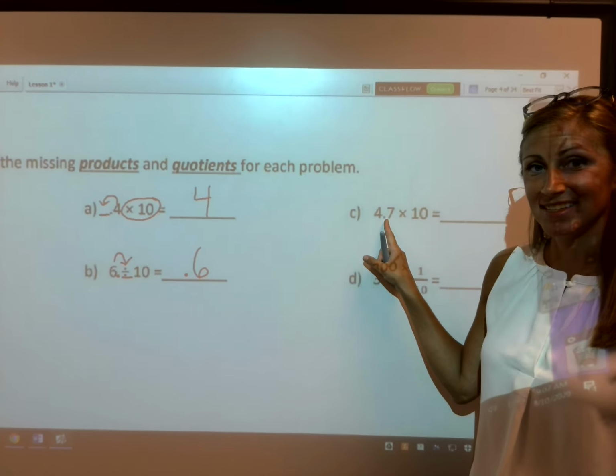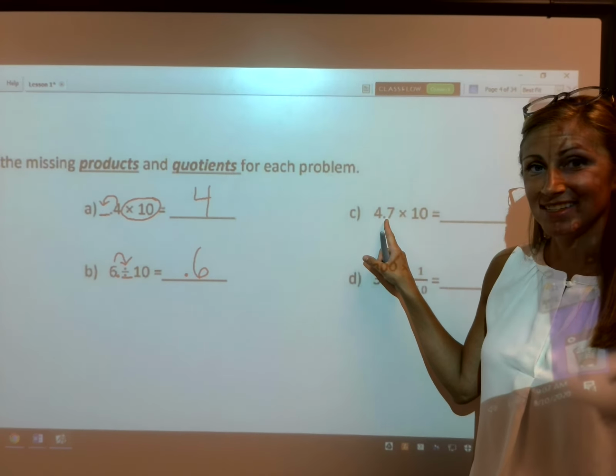So you read it like it's a whole number, 4. You say and because there's a decimal. And then the 7, but I said something after the 7. What did I say? I said tenths. That's because the 7 is in the tenths place value. So the 4 and 7 tenths.